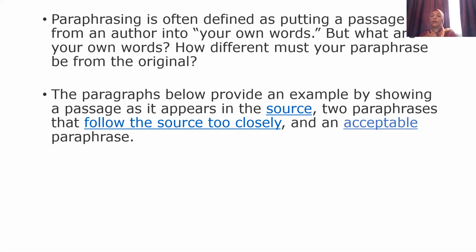How do you do this? You use different synonyms and you use different sentence structure from what is written in the original text. So what is the difference between summarizing and paraphrasing? With the summary, you focus on the main points only in the whole text, and you write them in one paragraph.